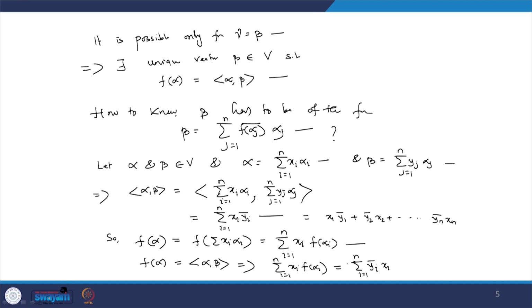So, comparing the coefficients of x i, we will have f of alpha j equal to y j bar, or y j equal to f of alpha j bar.